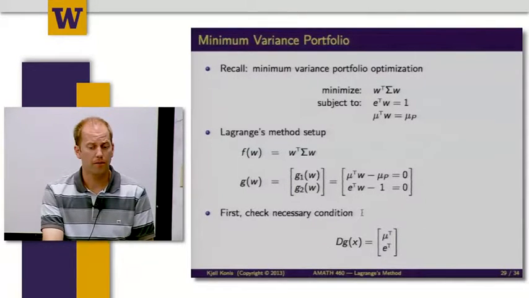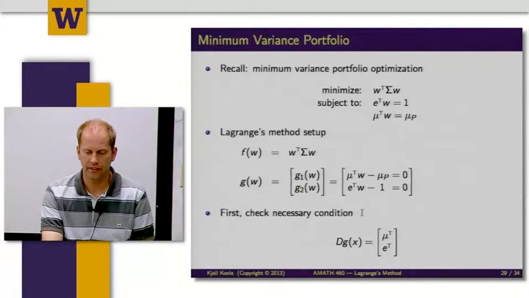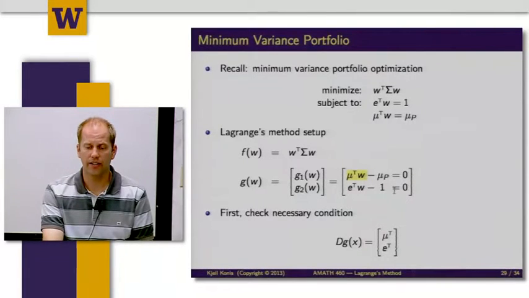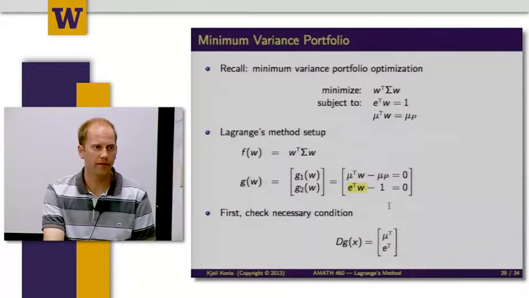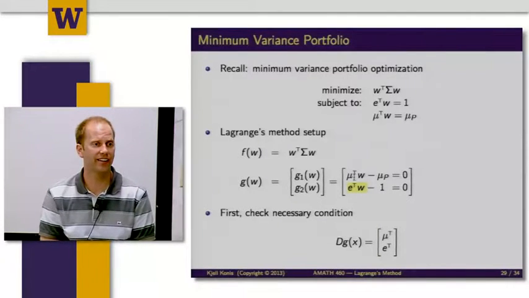And then I'll check my necessary condition. So if I take the gradient of this, I'm just going to end up with mu transpose as the first row, and the second row being all 1. And so the only way I could get into trouble is if I managed to pick n assets that all had exactly the same expected return.